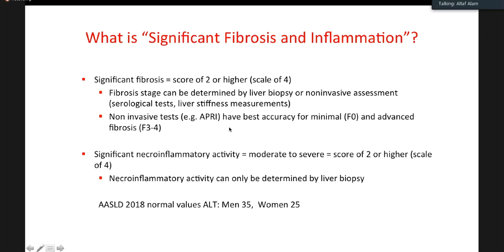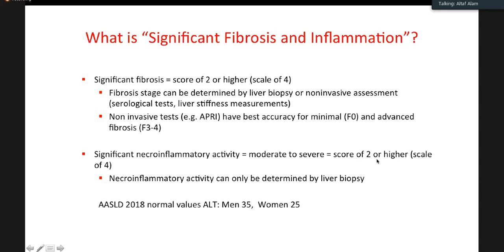F equal to 2 or more than 2 is an indication to treat. Unfortunately, necroinflammatory activity cannot be checked without liver biopsy so far, but just to tell you that A2 is the degree of inflammation where you need treatment.